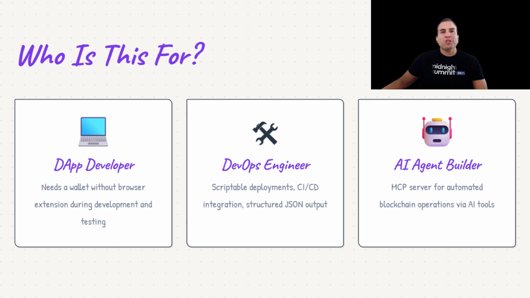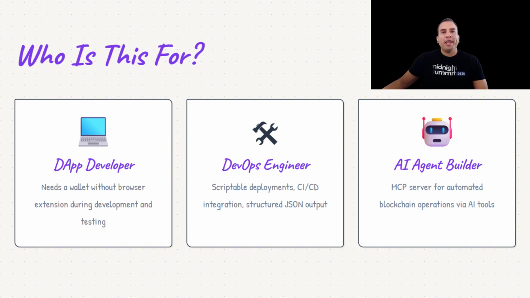So who should actually care about this tool? Three main groups. If you're a DApp developer, this is your local development environment. Spin up a network, deploy contracts, test transactions, all without leaving your editor.